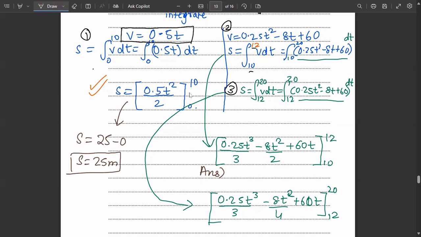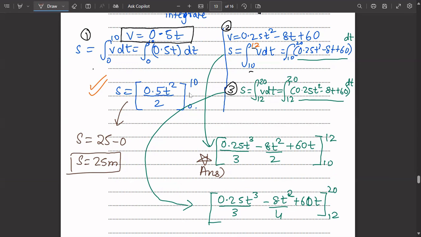Now talking about this one: 0.25t cube upon 3 minus 8t square upon 2 plus 60t.